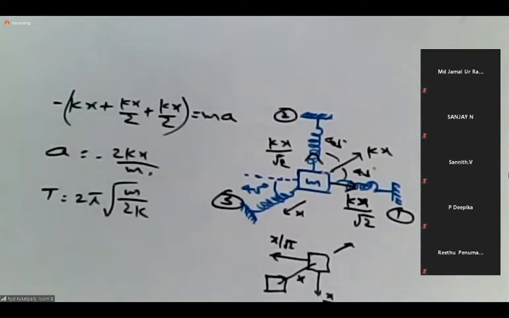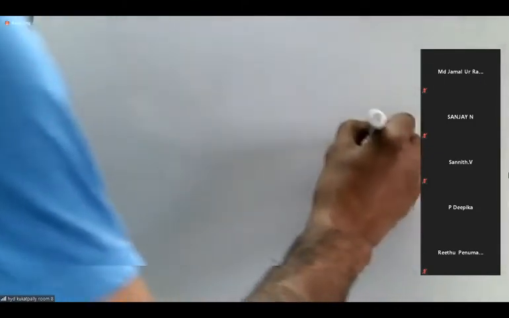So spring block system, I think we are solving. Let us pay attention to SHM once again. Could you tell me the last class problem? Two springs attached to one block, sir. Means one spring to the ceiling, one spring to the base.